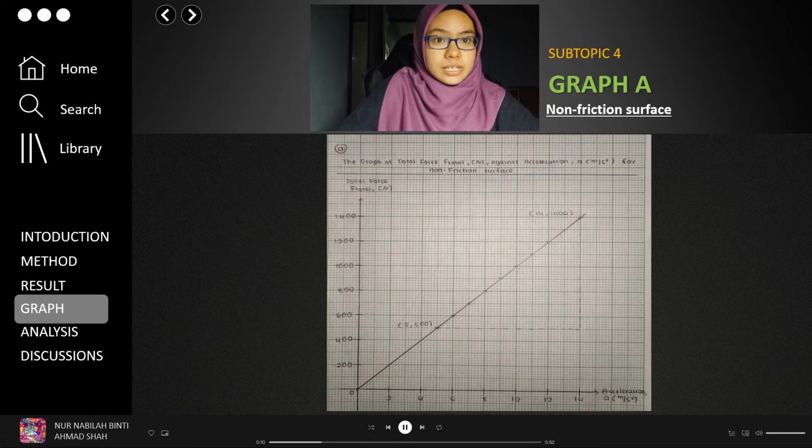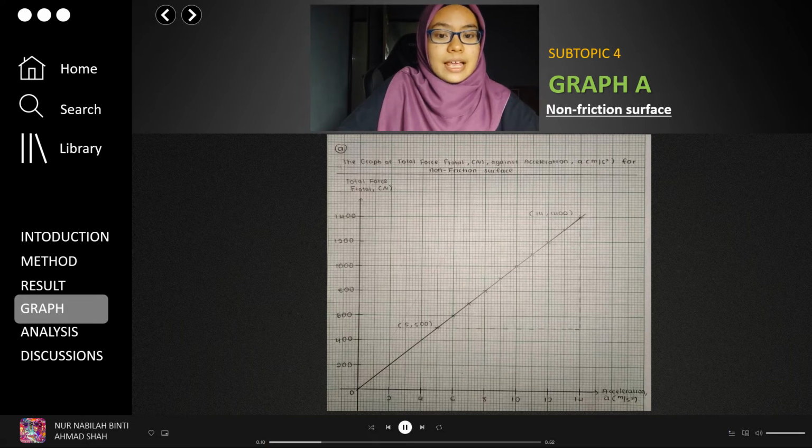Okay, the first question here is for the data plot graph for graph A, total force as a function of acceleration for non-friction surface. As we can see here, the y-axis for this graph is the total force, while the x-axis is the acceleration.